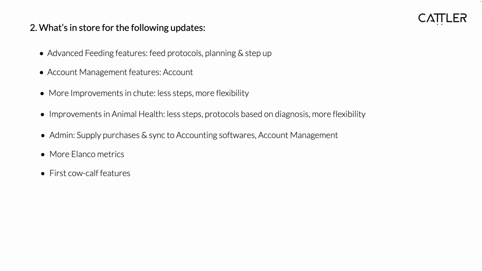We are doing more improvements in the shoot side, and we're trying to save on steps to do some stuff. We will give even more flexibility. We're reshuffling the design a little bit so it's more friendly.